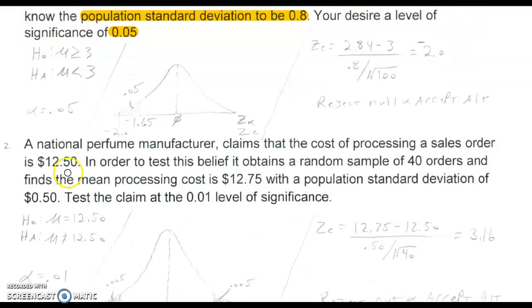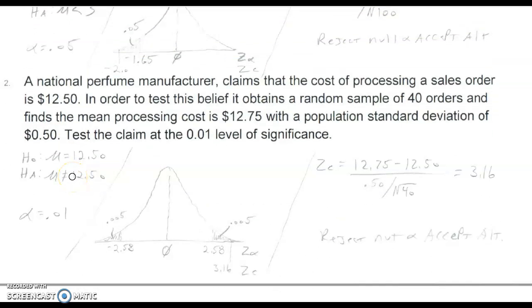Let's keep going. It says a national perfume manufacturer claims that the cost of processing a sales order is $12.50. In order to test this belief, it obtains a random sample of 40 orders and finds the mean processing cost is $12.75 with a population standard deviation of 0.5. Test the claim at the 1% level of significance. Let's do the steps.